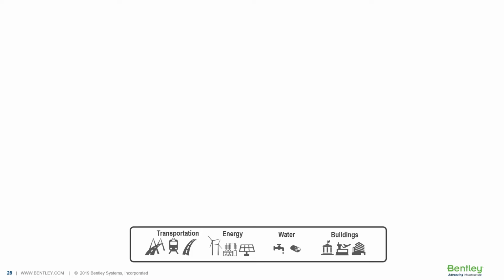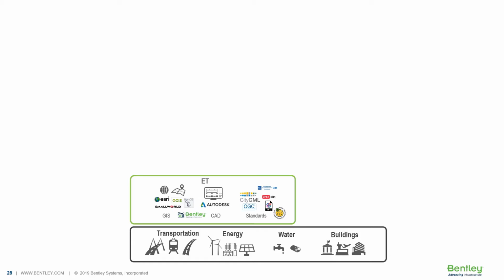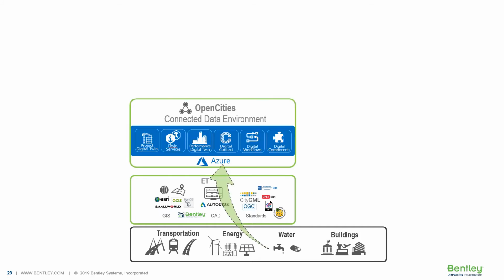Connected intelligent city infrastructure requires connected data environments that manage digital components and digital context to ensure digital workflows through the city infrastructure lifecycle. By bringing IT, OT, and ET together, we can create true intelligent and connected digital infrastructure, supporting planning, design, construction, and operation in a smart city environment.